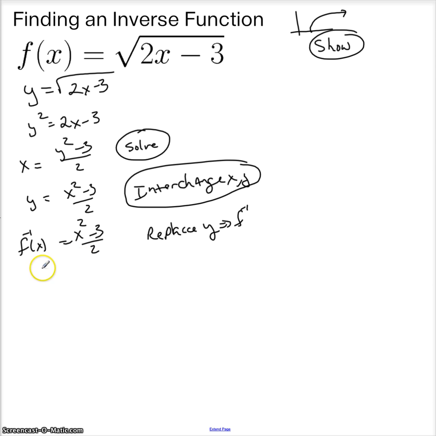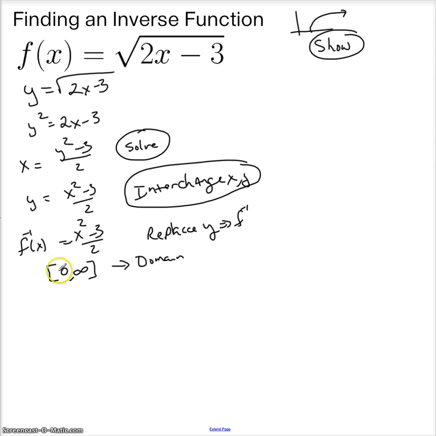All right, now we need to find the domain of f inverse, which is the range of f. So this is from 0 to positive infinity, my domain.